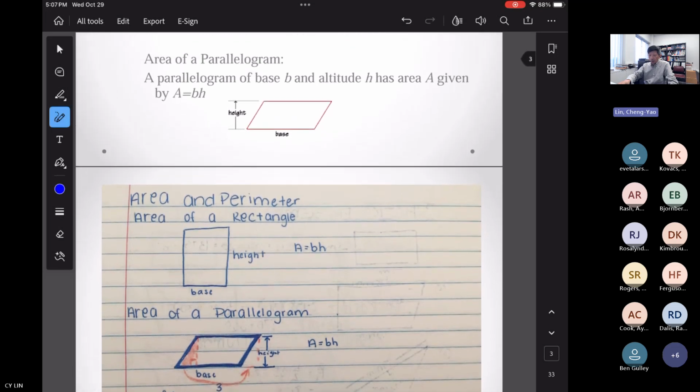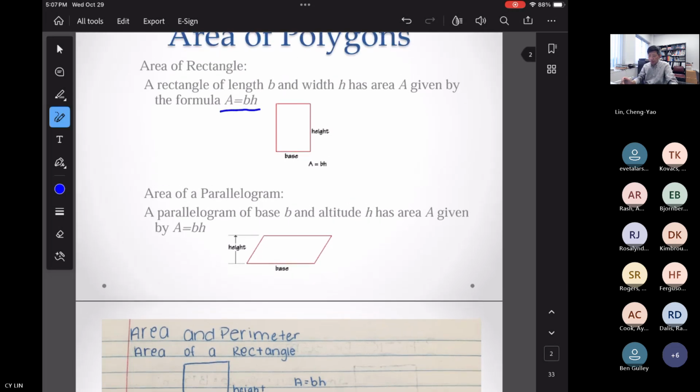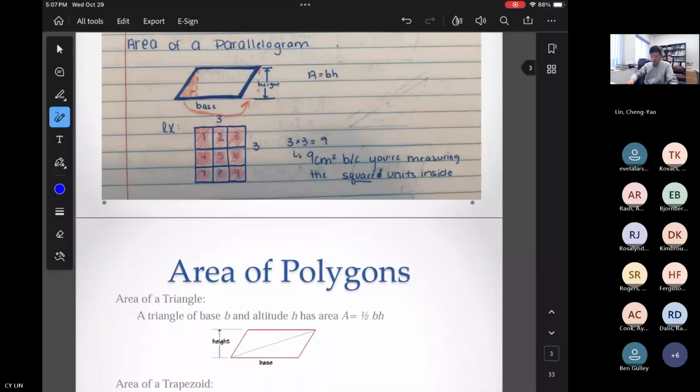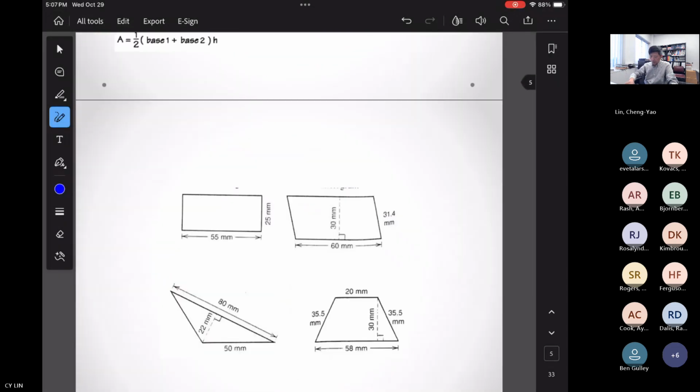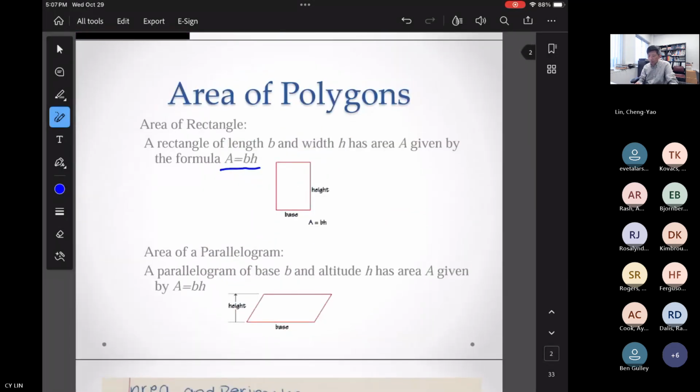So let's say we have an area of this. When we talk about younger children, let's say 2 times 3, we have several meanings.